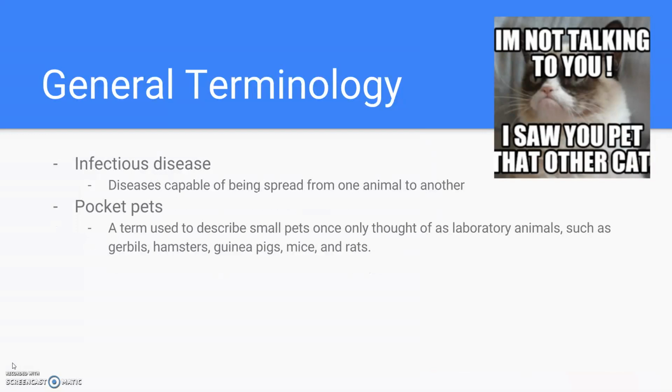Infectious disease. So infectious diseases are those that are capable of being spread from one animal to another. Pocket pets are a term that we use to describe small pets that at one point were only thought of as laboratory animals, but now we keep them as pets as well. These would include gerbils, hamsters, guinea pigs, mice, and rats.